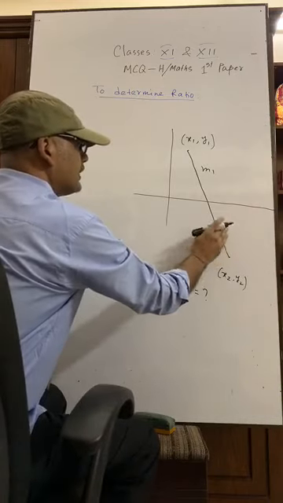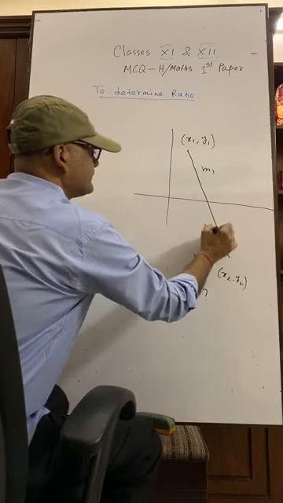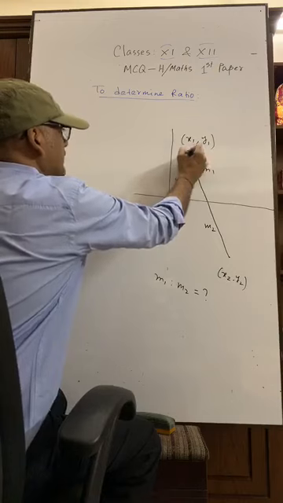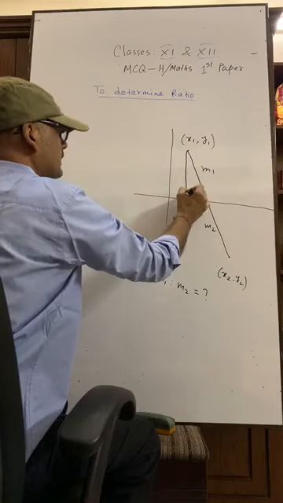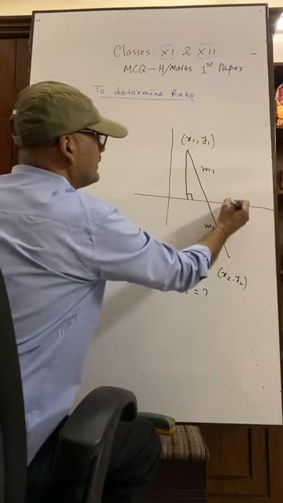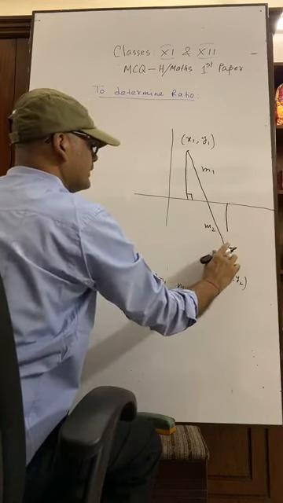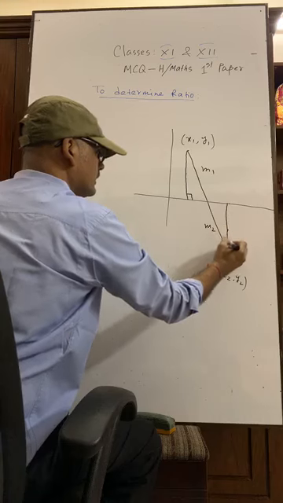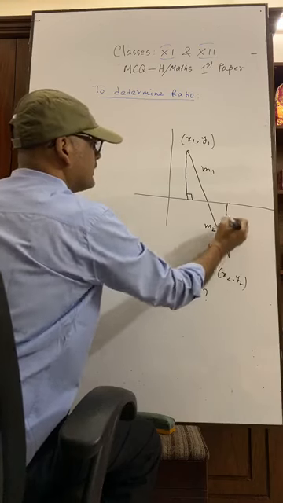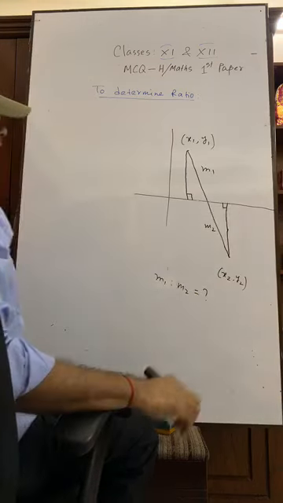Now, suppose I draw a perpendicular here. This is a perpendicular and this is also a perpendicular. Perpendiculars have been drawn here.